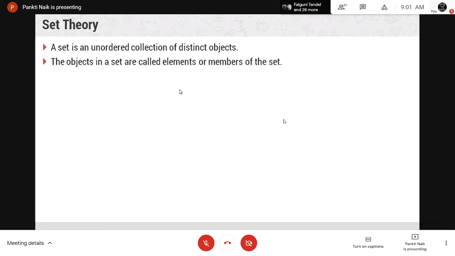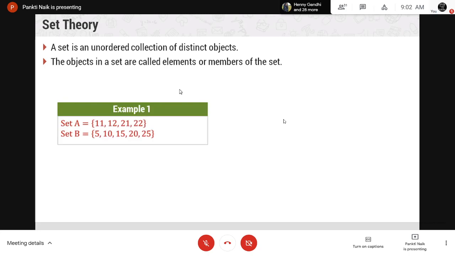The objects in a set are called elements or members of the set. Right? So here you can represent set in different manner, right? So this is one example, right? All the set names are represented by capital letters, right? And all the elements in the set are separated by commas and enclosed within curly brackets, right?